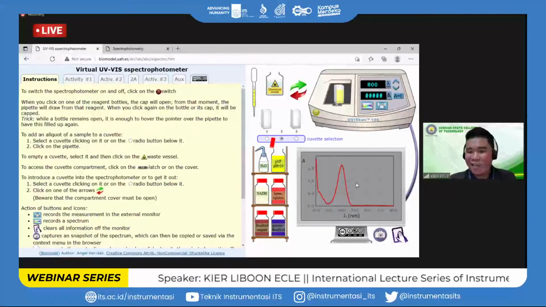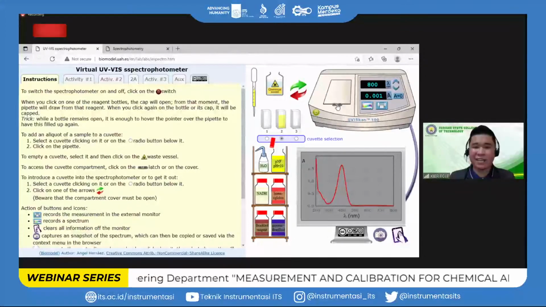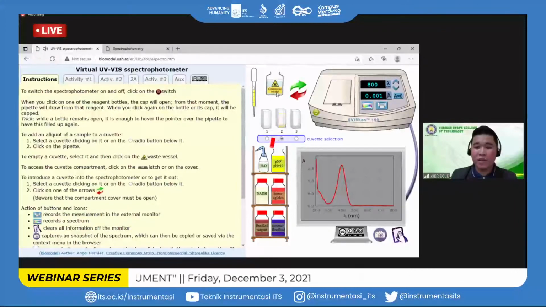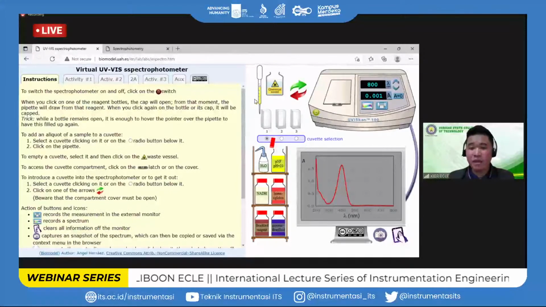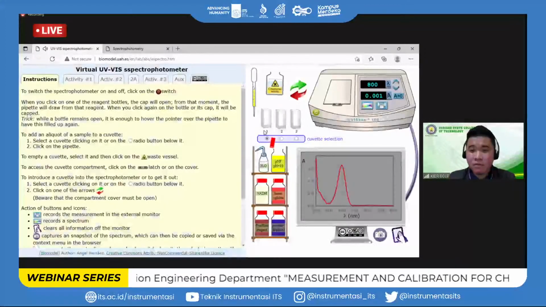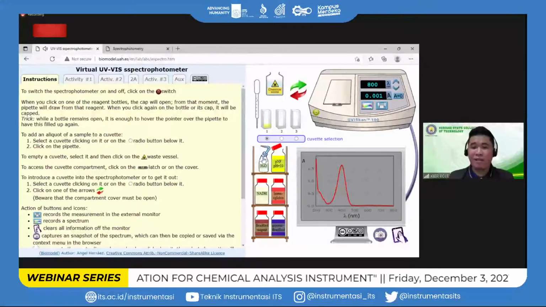So the next thing that you need to do is set the standard solutions that you will use in the instrument. Here in your first cuvette, we have, for example, 2:1, so 1 ml PNF and 2 ml water.